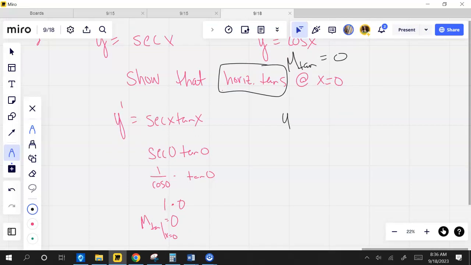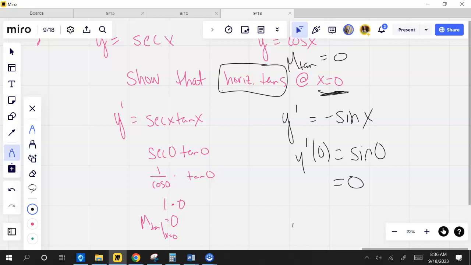So cosine, what's the derivative of cosine? Negative sine. If I put 0 in, what's the sine of 0? So the slope of the tan line when x equals 0 here is also 0, which tells me yes, there is a horizontal tangent. Does that make sense?